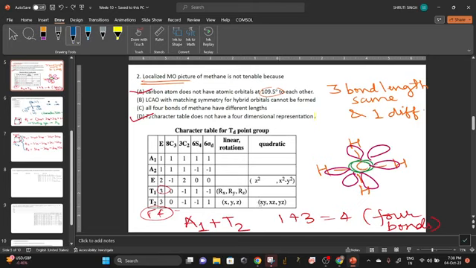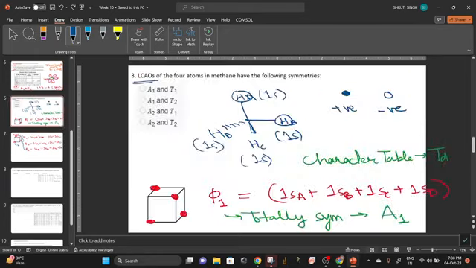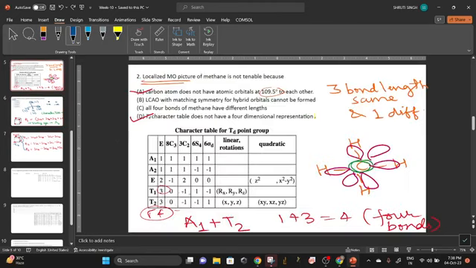But do you have any idea why this is not T1 but T2? No, ma'am. Because T1 is also triply degenerate and the character of C2 is same in both T1 and T2, right? -1, -1. Only these two differ. So let's see. If we put S4, everything will change place. So it should be antisymmetric with respect to S4.